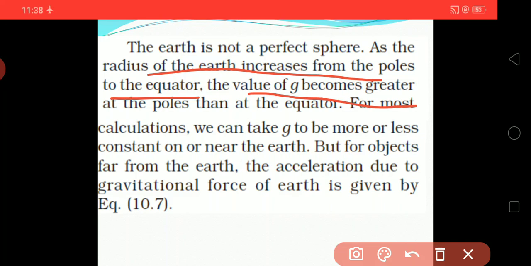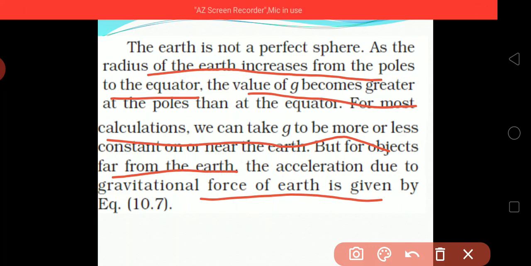For most calculations, we can take small g to be more or less constant on or near the earth. But for an object far from the earth, the acceleration due to gravity of the earth is given by equation 10.7, so for that we will not write it here.